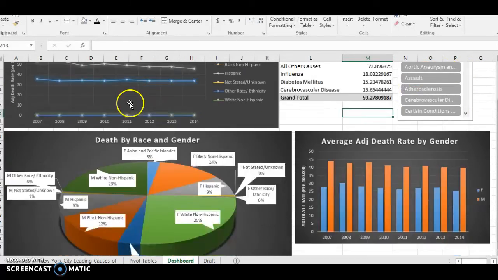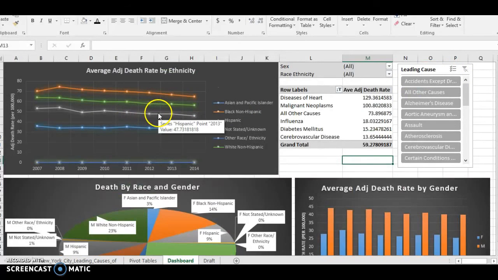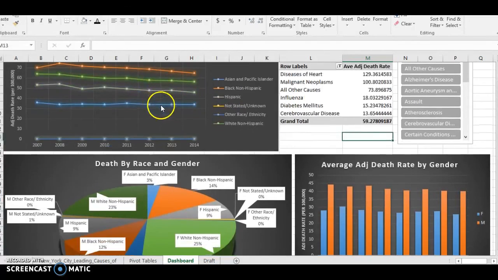But overall, the Black population and the white population have a higher average adjusted death rate compared to the Hispanic and Asian populations. This means there are higher deaths among these populations due to all of these causes.